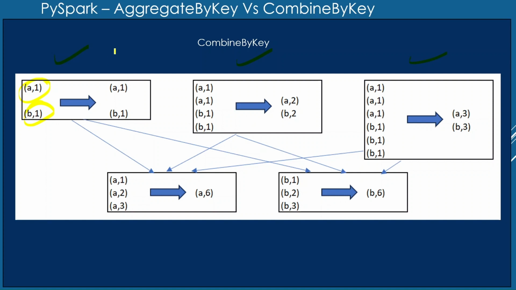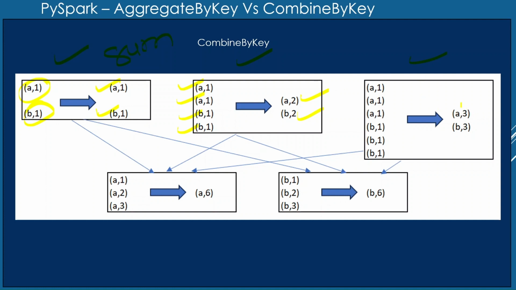Suppose we are doing a sum aggregation here. So it's locally aggregated first. This is A and this is the locally aggregated result for key A. This is the locally aggregated result for key B. Here there are 2 data points for keys A and B, and this is the locally aggregated value of key A, and this is the locally aggregated value of key B.